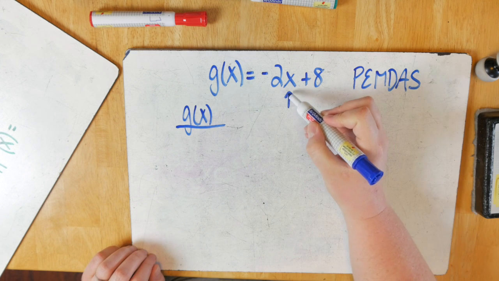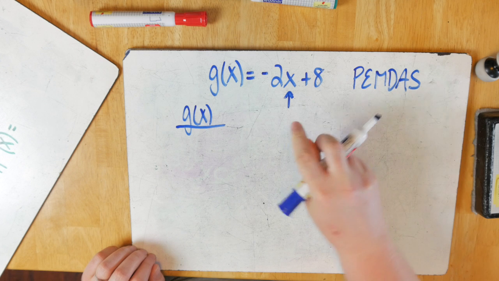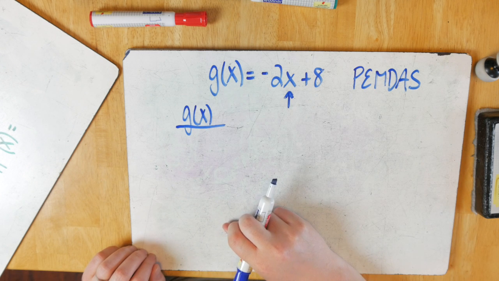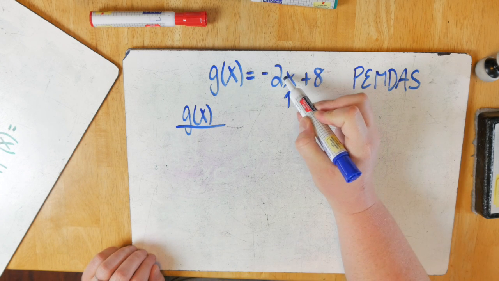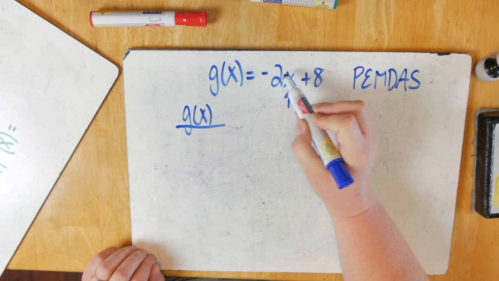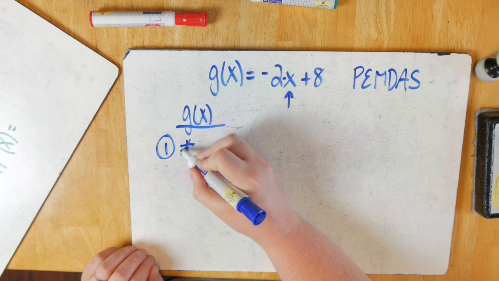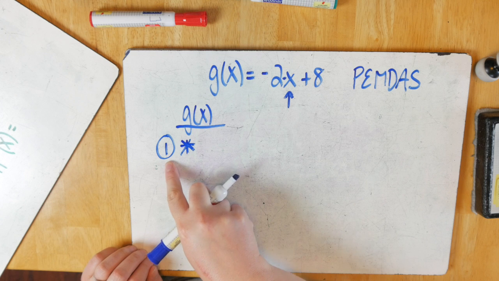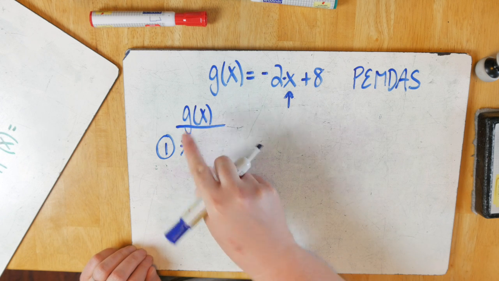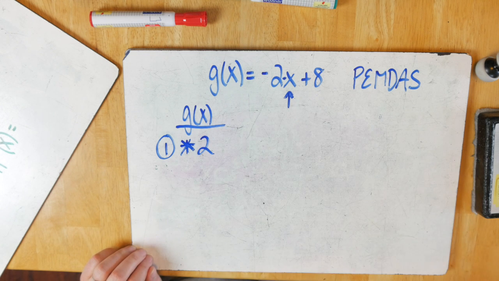So again, if we plugged any number into x, the first thing that would happen is we would take that input and we would multiply it by negative 2. So we're going to make a list here, and the first thing that would happen if we plug something into the g of x function is that we would multiply it by negative 2.